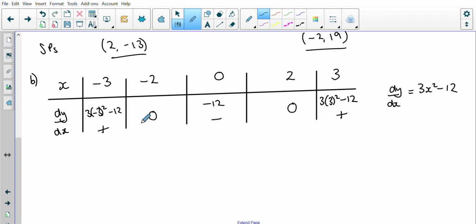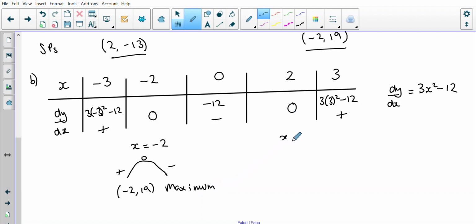So if we look at those gradient profiles, when x equals minus 2, the gradient is going from positive to 0 to negative. So that tells me that the point minus 2, 19 is a maximum point.